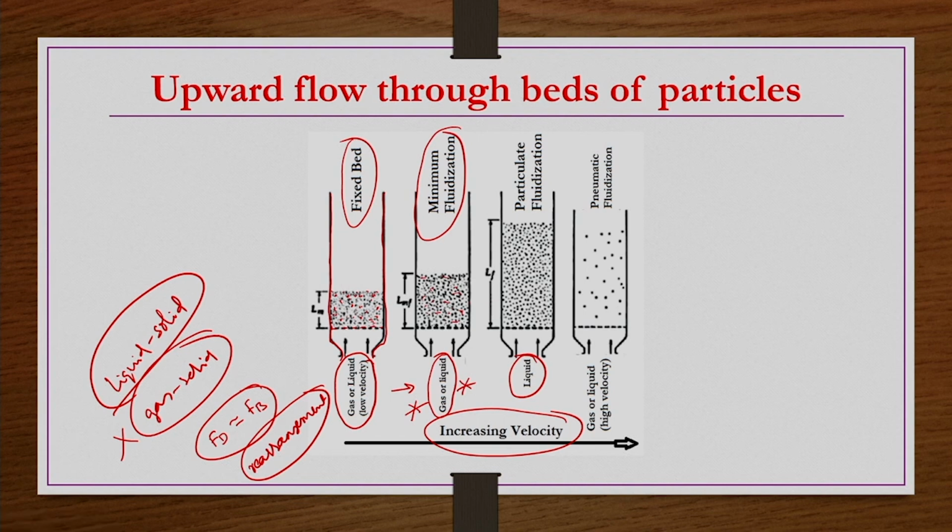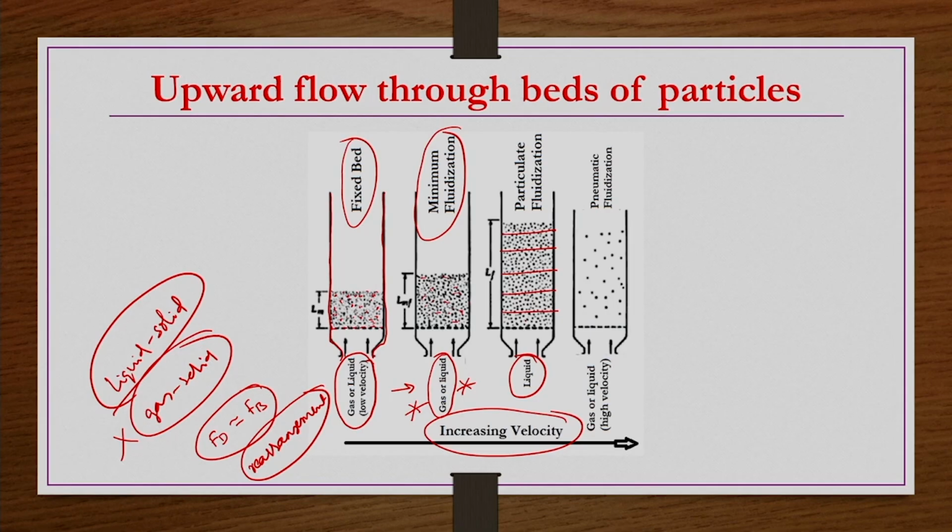What does homogeneous particulate fluidization mean? That means at any cross section, if you measure the voidage, you are going to get approximately the same voidage. If it is not a homogeneous fluidized bed, the voidage at one location is different, and at another location it may be different, very different from one point to the other.